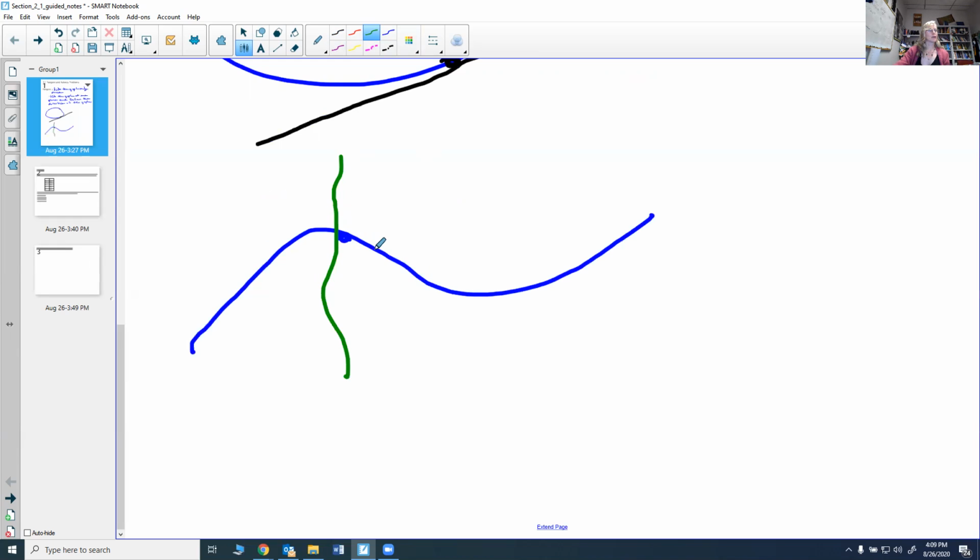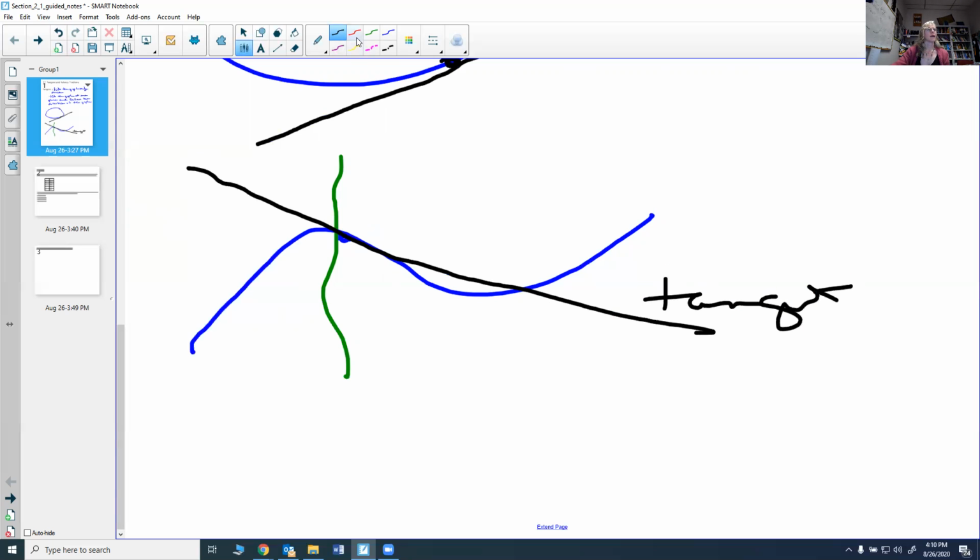It hits only one place, but it wouldn't be that line because that line doesn't follow the direction of the curve. The actual tangent is going to follow the direction of the curve, come along, hit at that one point, and keep following that direction. What I mean by it can hit more than once when we're farther away is notice it hits again here. So it's just following along. It's right at this point that's important. It's following right around it. So this is a tangent. This one is not.